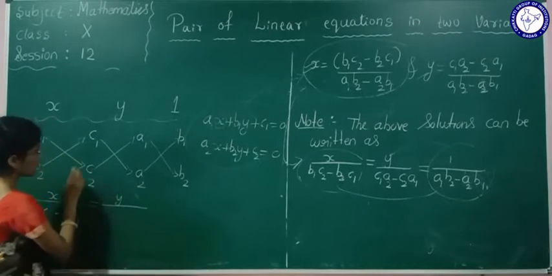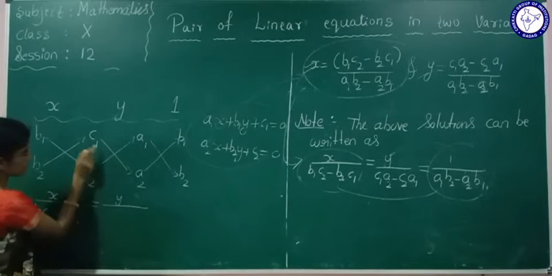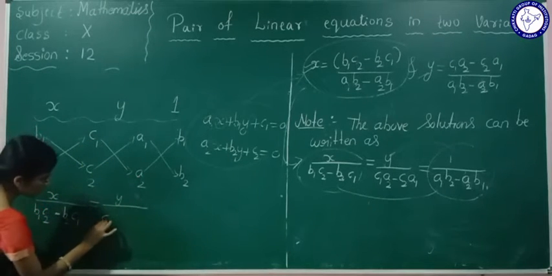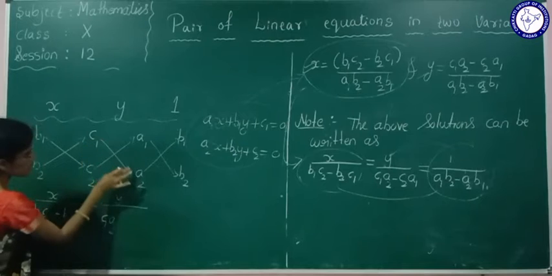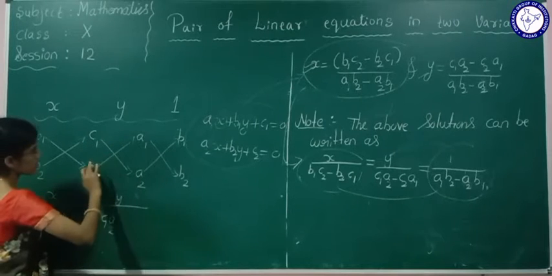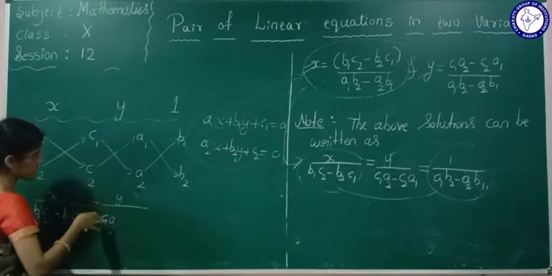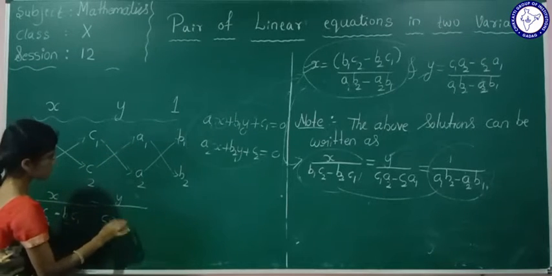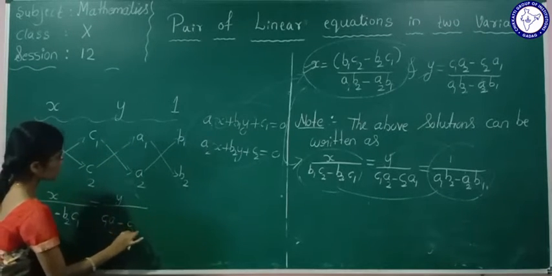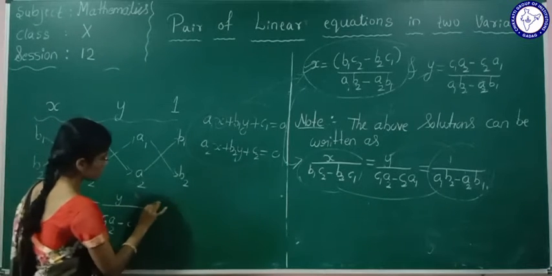y: first multiply along the downward arrow, c1 a2. This product you subtract from the other product, that is c1 a2 minus c2 a1, is equal to 1.